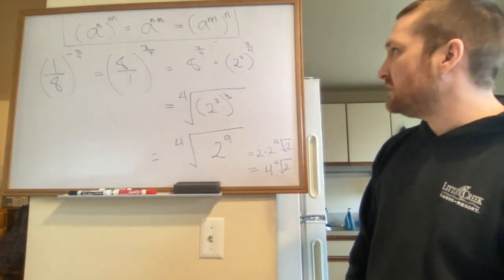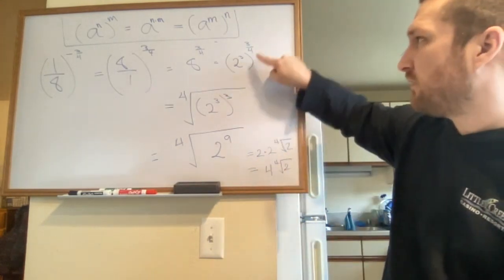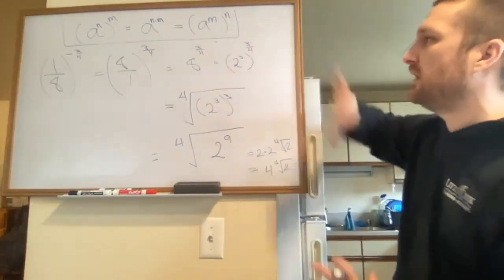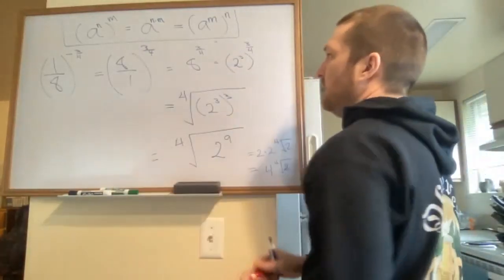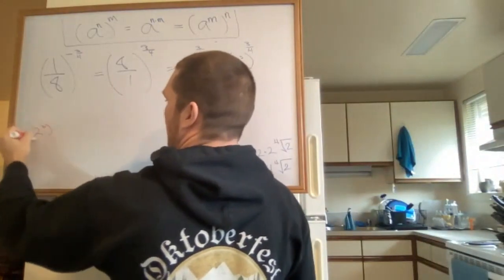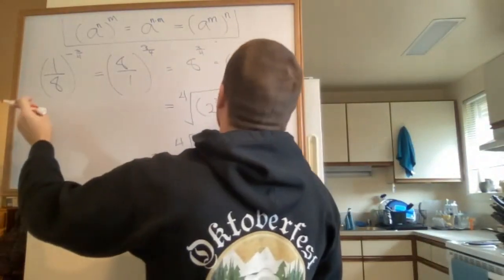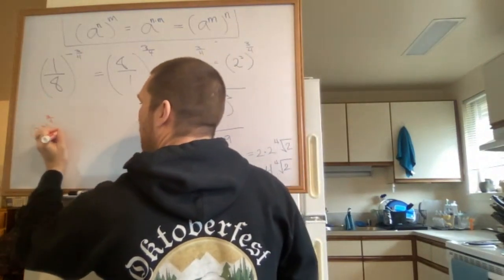So that's the idea there. And again, from here to here, I'm going to be explicit: I had some number, it happened to be an exponent, and I raised it to a fractional power.